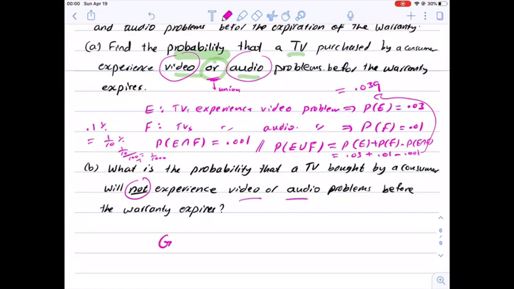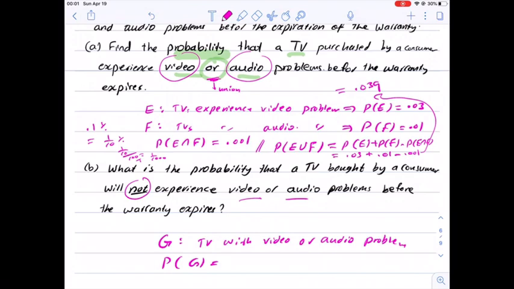Let me define G, event G, TV with video or audio problem, because we know the probability of this.